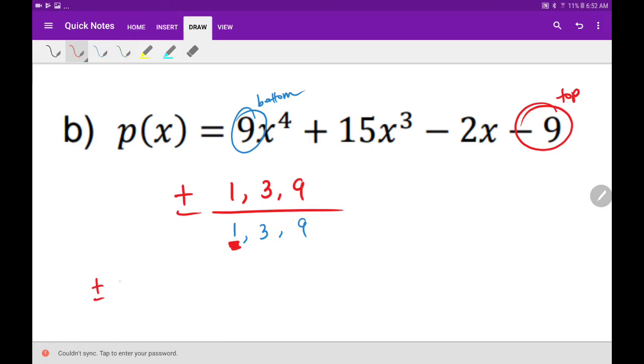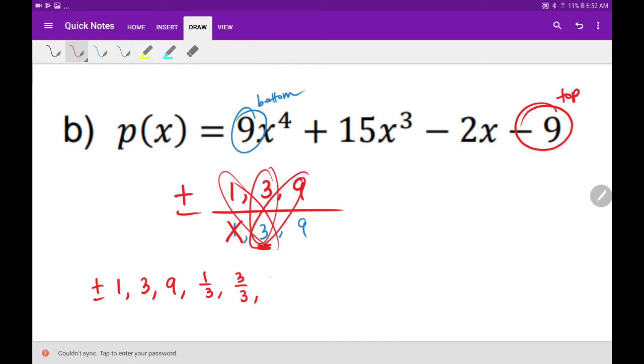So we're going to have plus or minus 1 over 1, 3 over 1, and 9 over 1. And since we're done with this denominator, I just cross them out. Now we're going to focus on 3. So I need the combinations. I need 1 over 3, 3 over 3, and then 9 over 3.